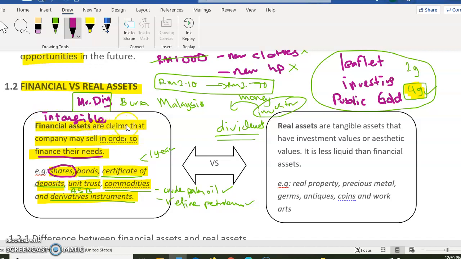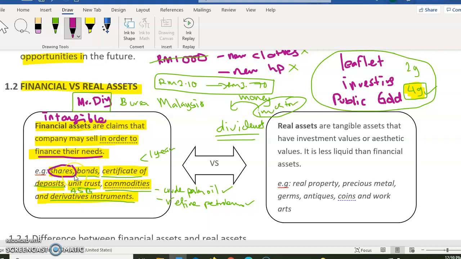So we cannot actually see it physically. Right? If you buy the shares, if you buy the bonds, it doesn't mean that you are going to take it back to your home and keep it there. Tak ada. Sebabnya, these shares atau bonds normally, all the transactions we've been doing nowadays are especially via online. So if you are selling the shares, your account will be credited with some money.